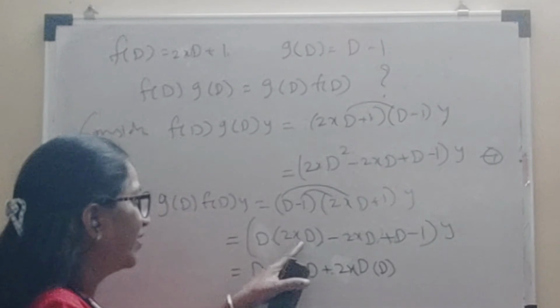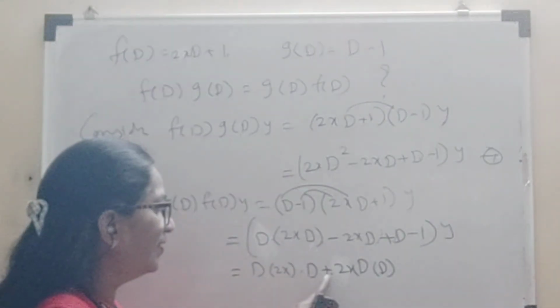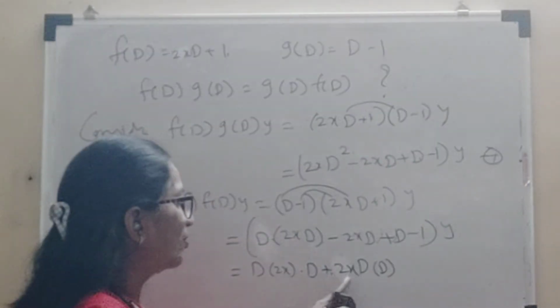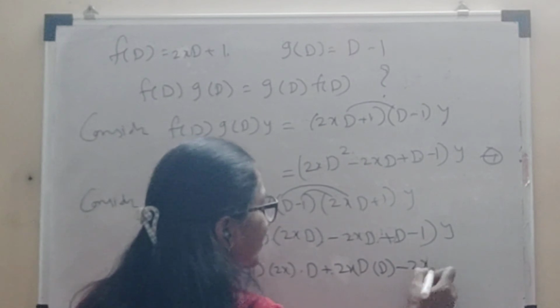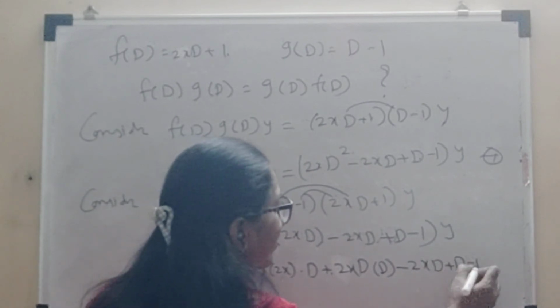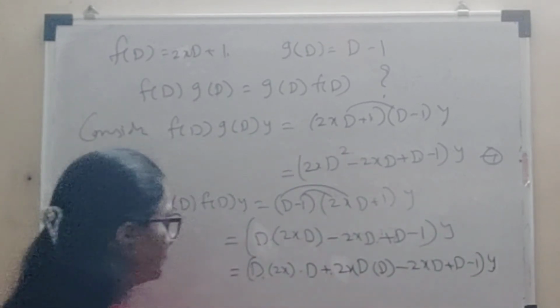First of all, keep this D constant and take the derivative of 2x, plus now keep 2x constant and take the derivative of D, minus 2xD as it is plus D minus 1, whole this bracket operates on y.